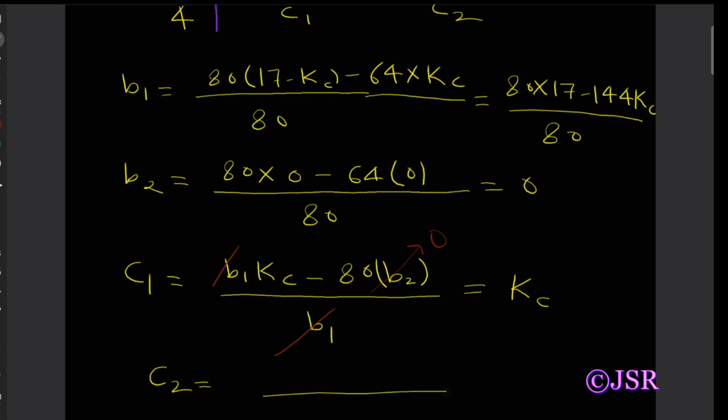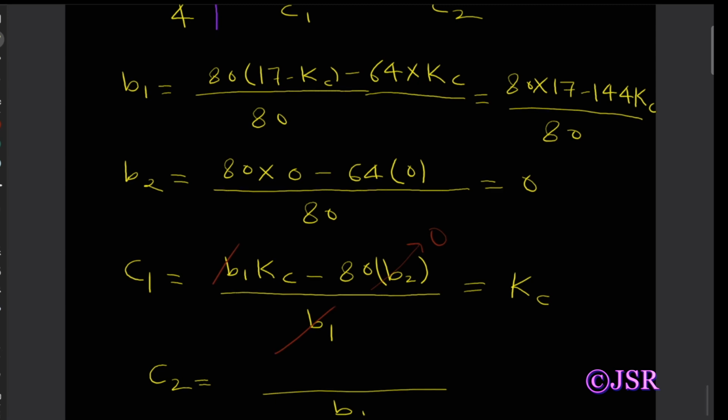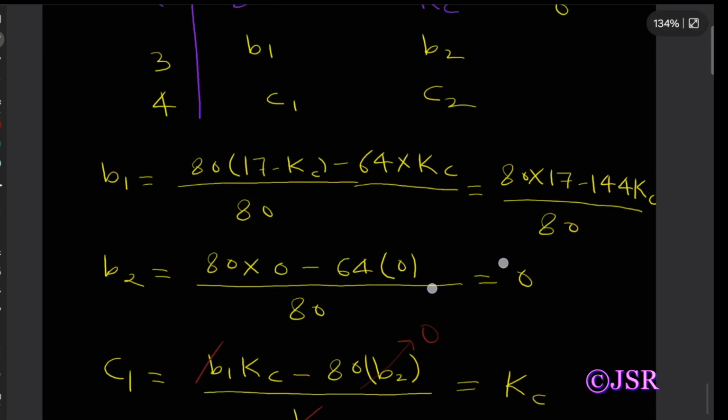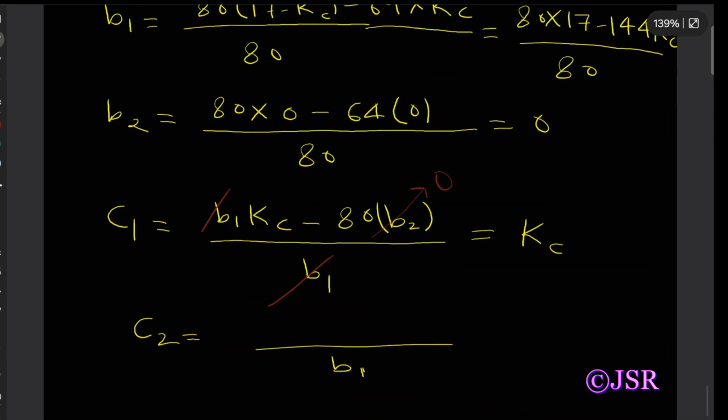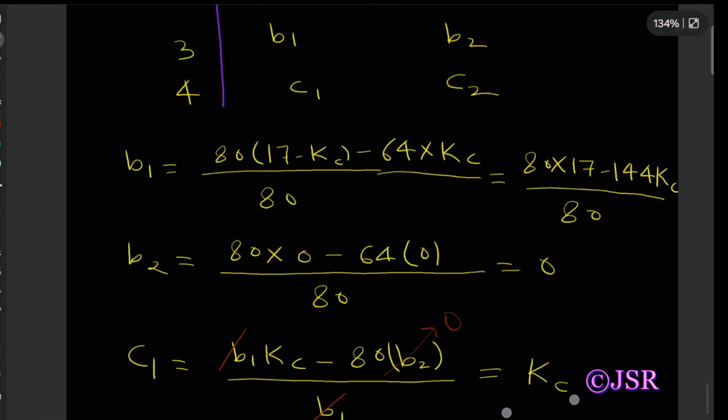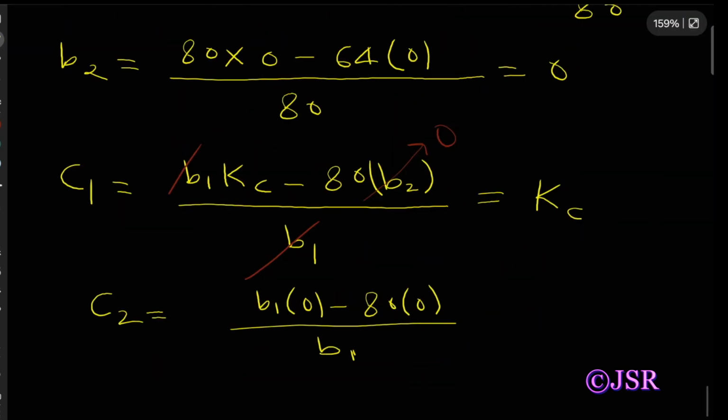Similarly C2 will be equal to 1 upon B1, and this will be B1 into 0 minus 80 into 0. This will be 0.